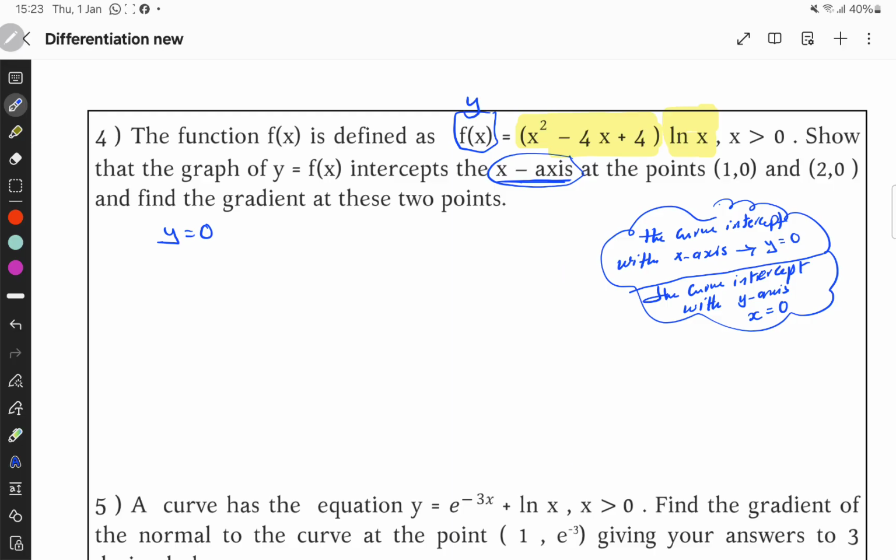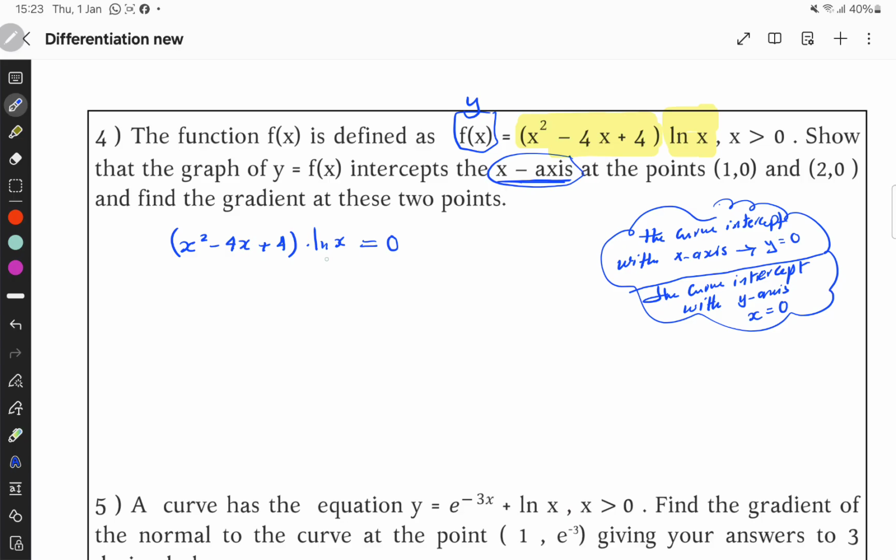So we just put that here: x squared minus 4x plus 4, all of that times ln x equals 0. Why? Because it intercepts with the x-axis, so that means y equals 0. If it cuts the y-axis, that means x will be 0.